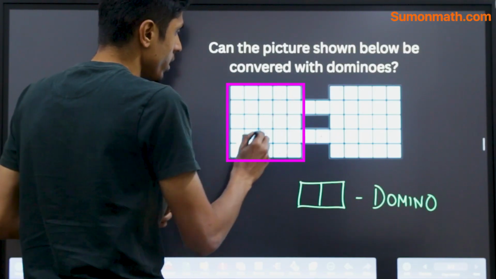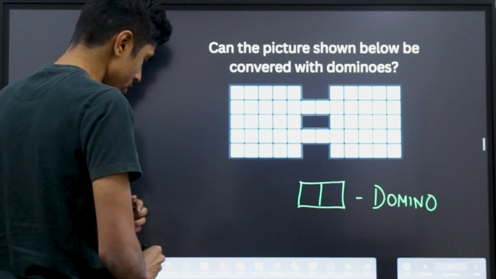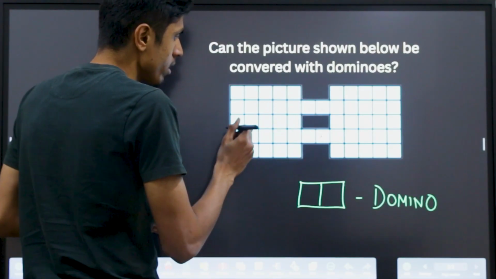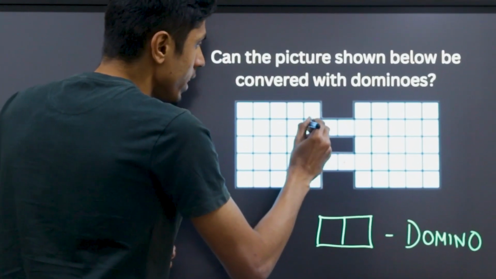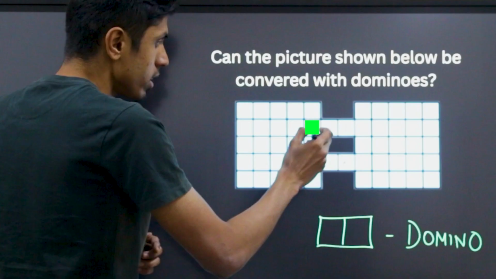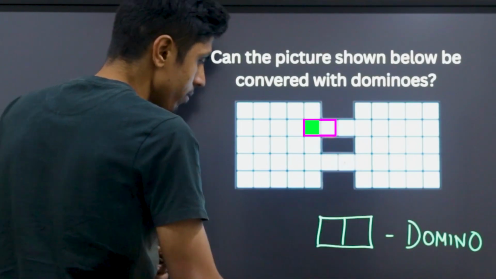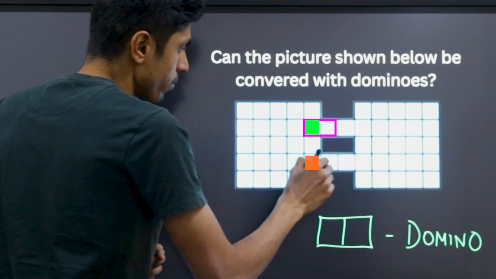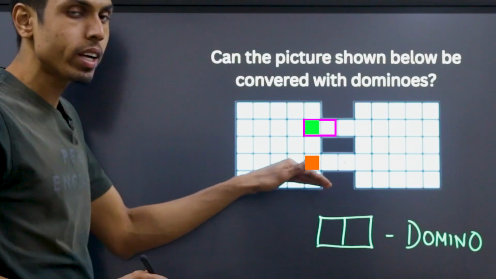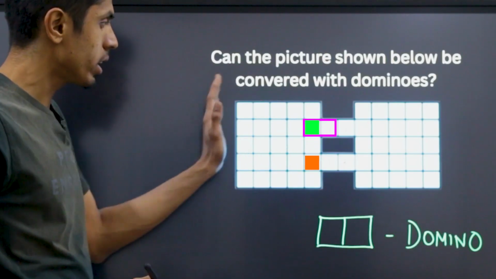So we have to use something else. We cannot cover this entire thing, which means I have to remove either this cell, which can be done by covering it with A, or I have to remove this cell. There is no other possibility to get an even number in the remaining.